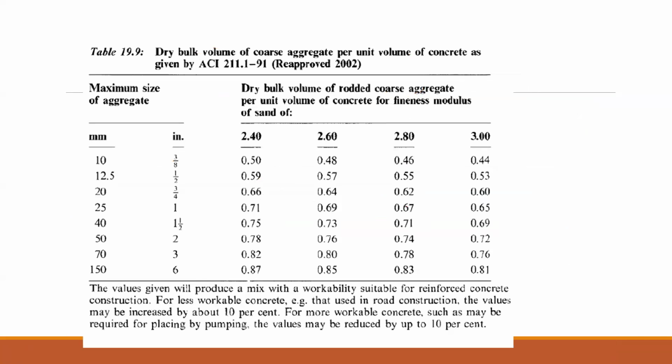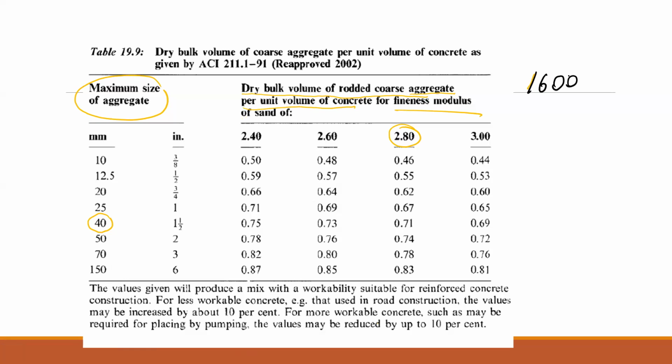Okay, what can we find from this table? If we know the maximum size of aggregates and the fineness modulus, it was 2.8, isn't it? Maximum size was 40. We will be able to find out the dry bulk volume of rodded coarse aggregate per unit volume of concrete. That means, if you can remember, the dry rodded bulk density of coarse aggregate was 1,600. Do you remember that from the question?